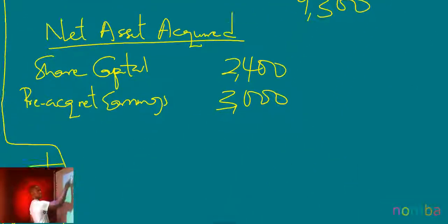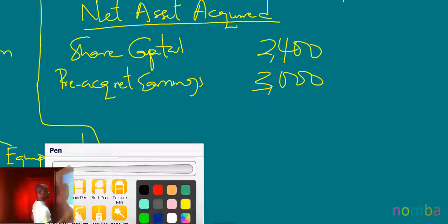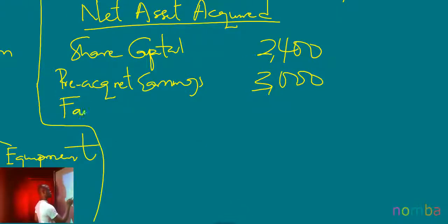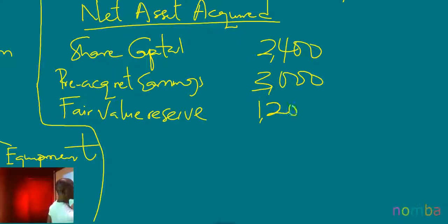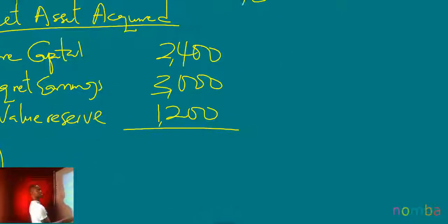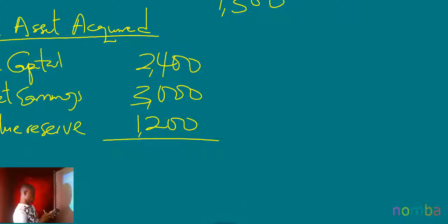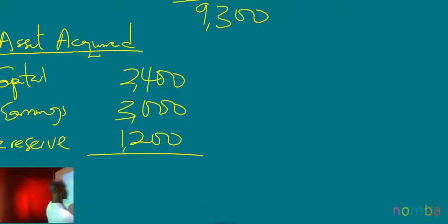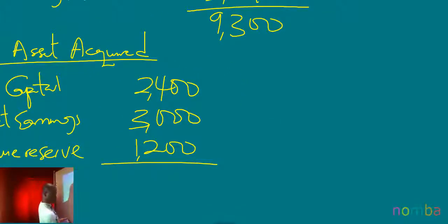So let's add these three together: 2,400 plus 3,000 plus 1,200 will give me 6,600.